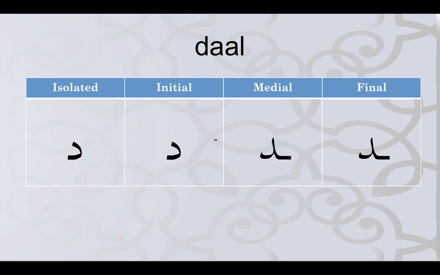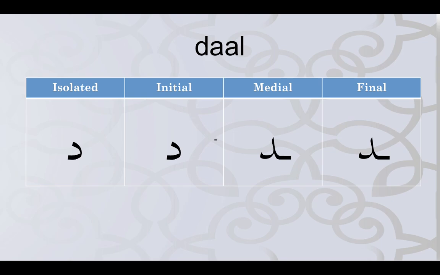Its isolated and initial forms are the same. Its medial and final forms are the same. Whereas its sister letter has a dot on it, and it looks almost pretty much identical to the form of the letter Dal, except that it has a dot on it. And its isolated and initial forms are the same, and its medial and final forms are the same. So this is why the Hijri format, or the order of the letters that we memorized earlier, is important.